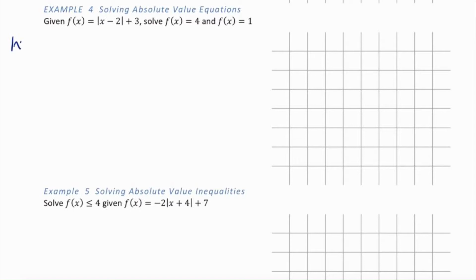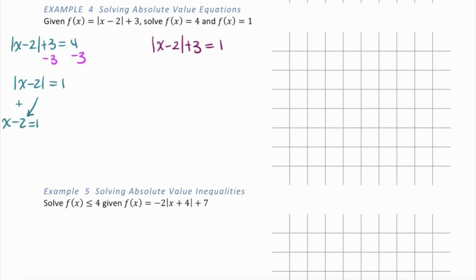So let's start by doing this algebraically. And we want to solve two different equations. I want to solve absolute value of x minus 2 plus 3 equals 4. And I also want to solve the absolute value of x minus 2 plus 3 equals 1. So let's go ahead and subtract 3 from both sides. And we end up with the absolute value of x minus 2 equals 1. So now I want my positive case, x minus 2 equals 1.